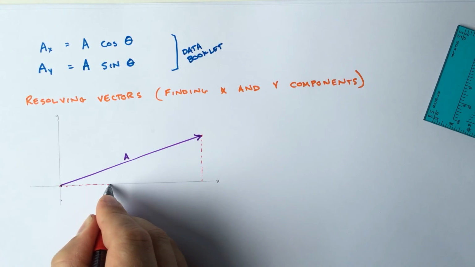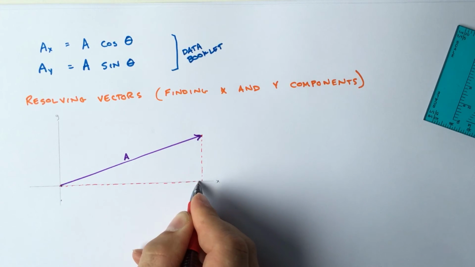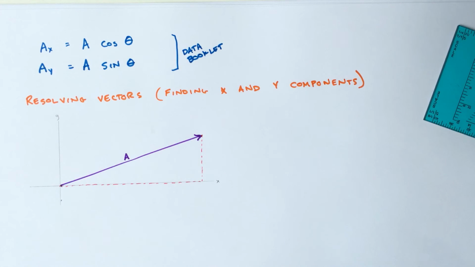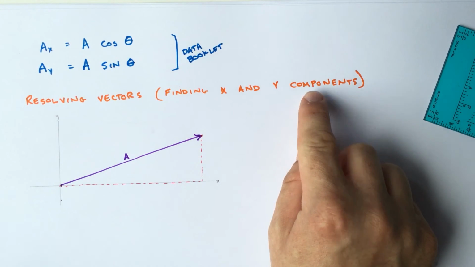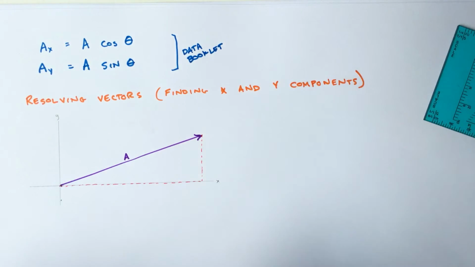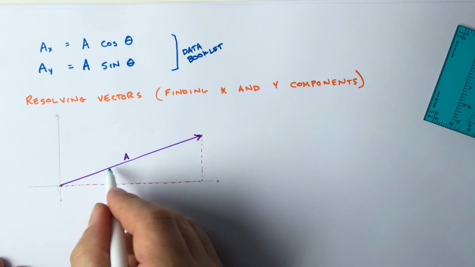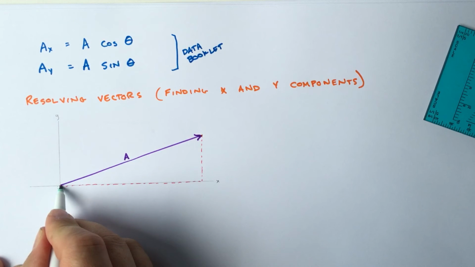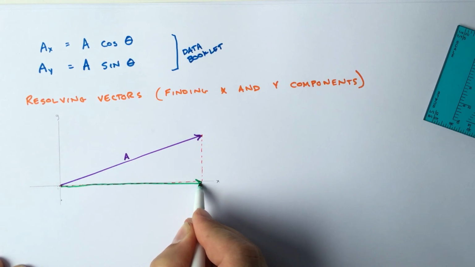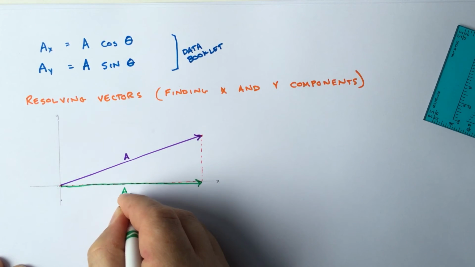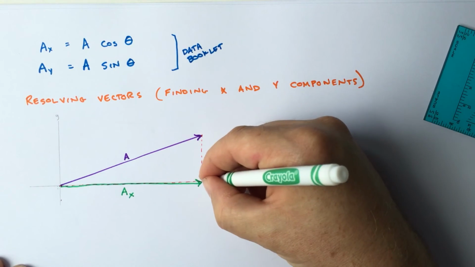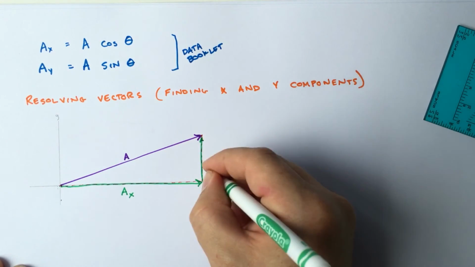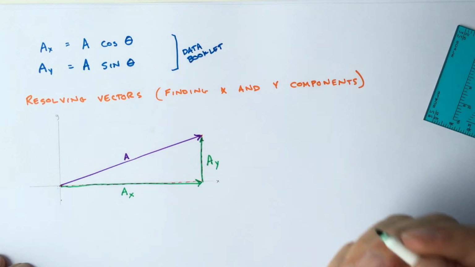We could also say that this vector A has two component vectors. So if I was to say, well, I could replace this one vector with two vectors, one that goes straight across and call that A's x component, and one that goes straight up and call that A's y component.